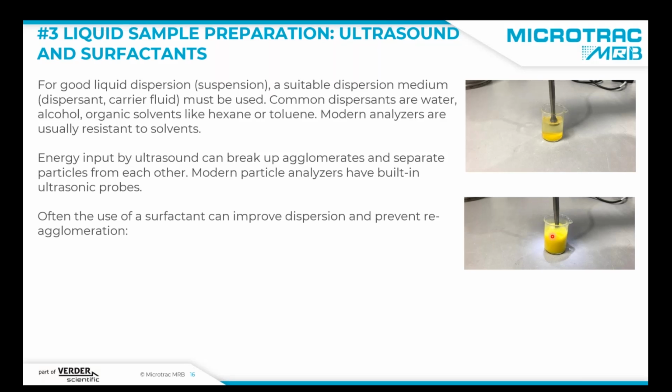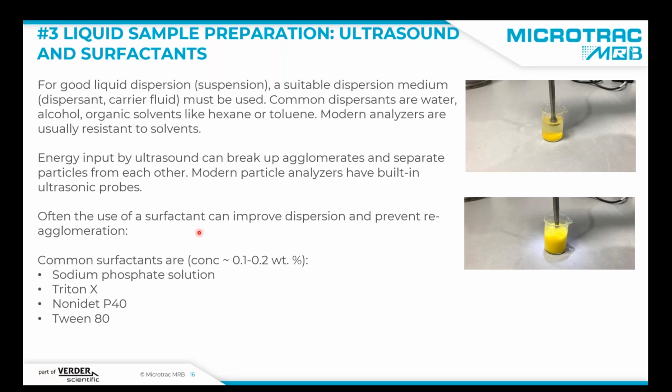Once the particles have been separated by ultrasound, they sometimes like to re-agglomerate, and this can be prevented by using a suitable surfactant. Surfactants are chemicals that are adsorbed on the particle surfaces and prevent re-agglomeration. Usually these surfactants are in a very low concentration of about 0.1%, and here you see a list of some prevalent surfactants.